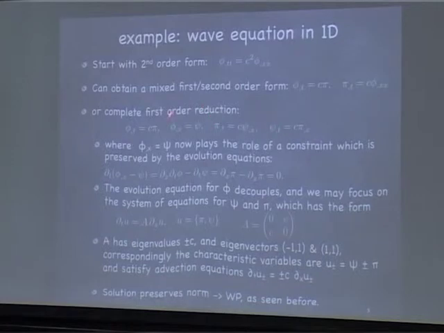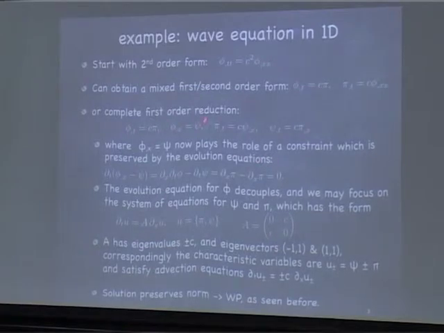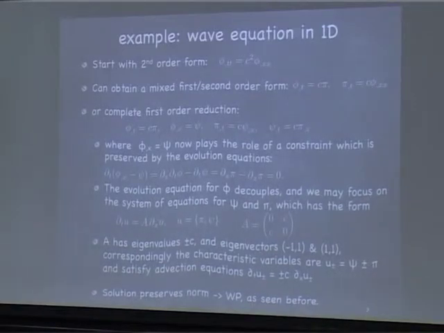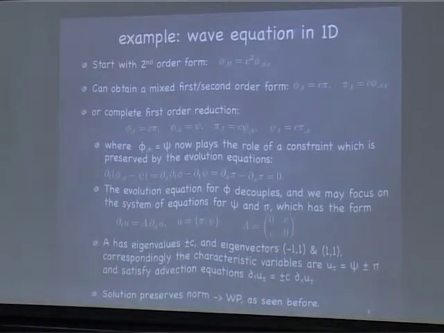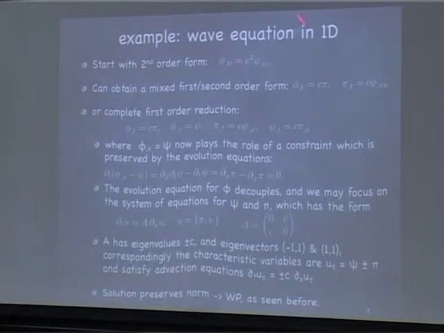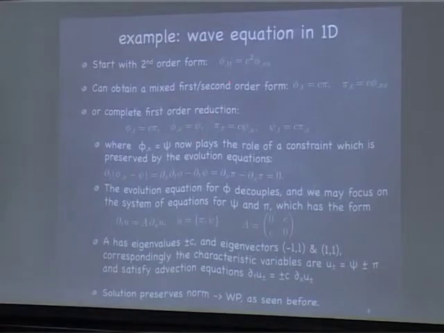And you see now, of course, we expect that because psi encodes the first space derivative, the new evolution equations for pi and for psi just contain first derivatives in x. Okay? And remember that yesterday when we talked about well-posedness, we talked about first order hyperbolic systems, and now we have cast the wave equation into a first order hyperbolic system. All right? So there are these different ways of writing the wave equation.